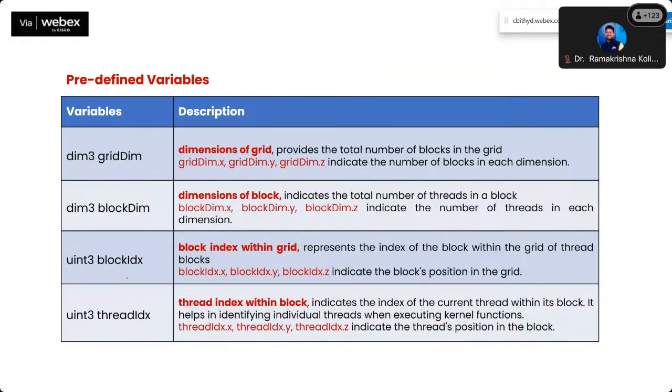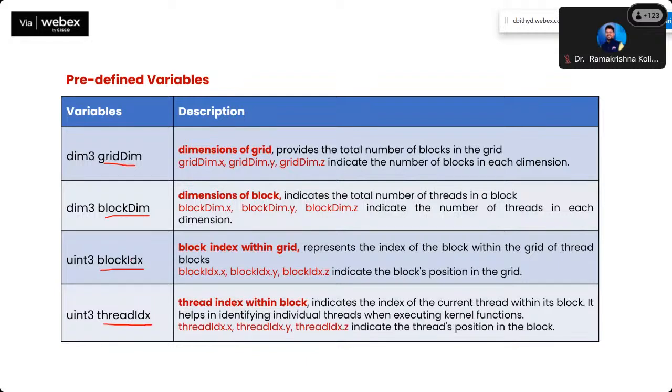Next is predefined variables. Here you can see dim3 and gridDim is a predefined variable that is widely used. I will also use it in programming: blockDim, blockIdx, and threadIdx.